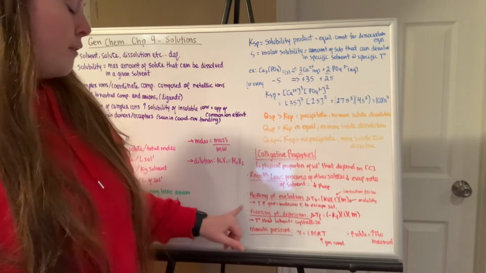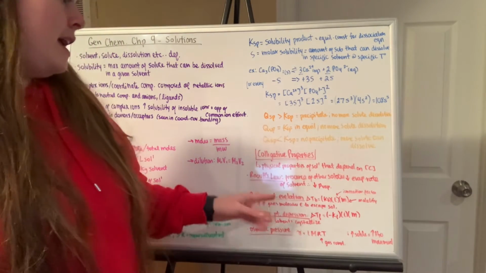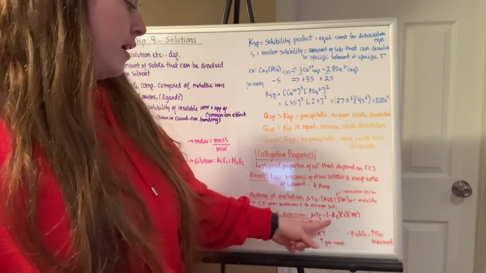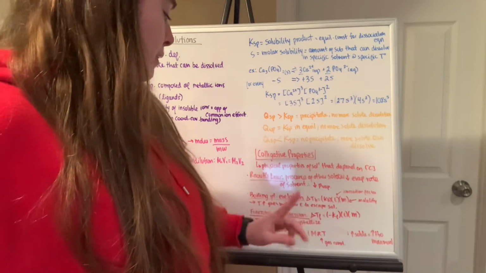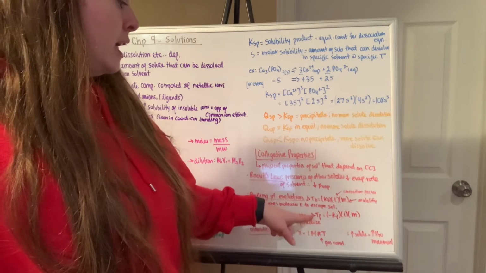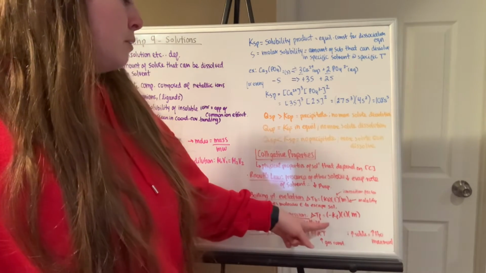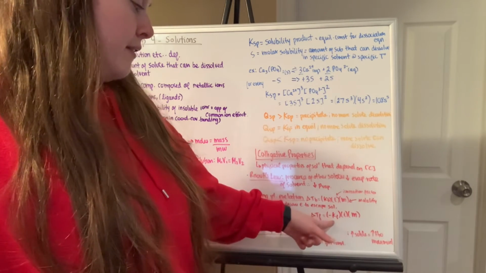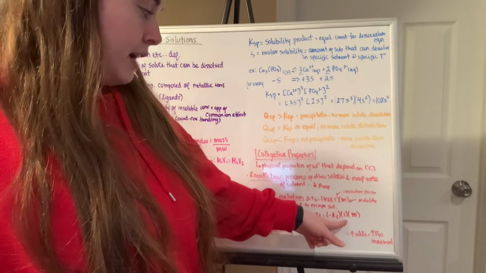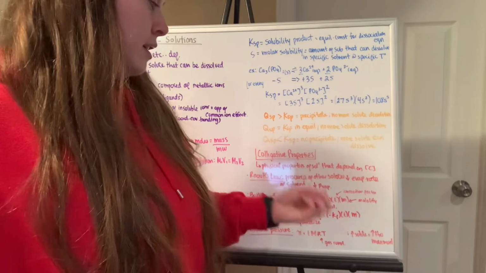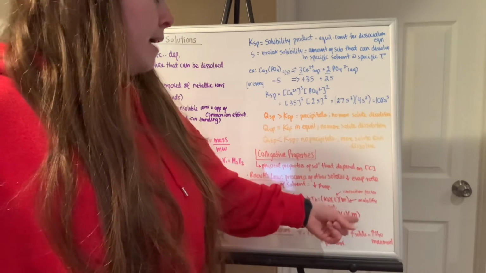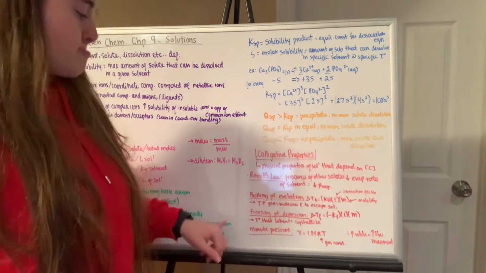Okay, and then for our freezing point depression, it is the same thing, but here it's the temperature that solvents crystallize, right? We know what freezing is. The change in temperature there is equal to the negative Kf, which again will be given, times the ionization factor, which is the number of ions that it gets in the solution, times molality again.